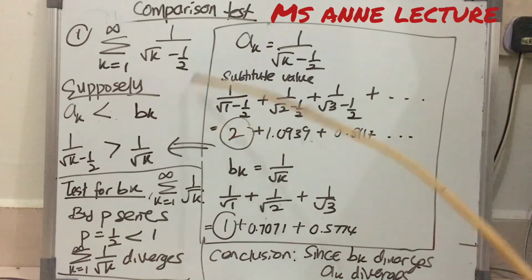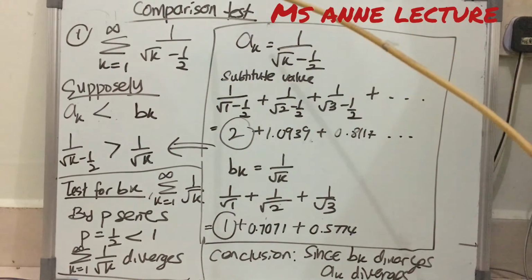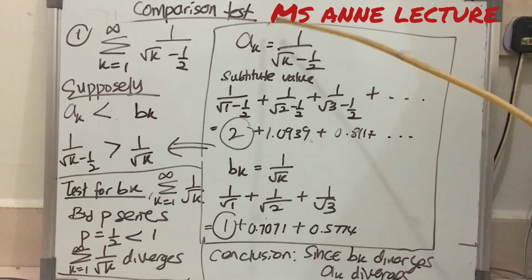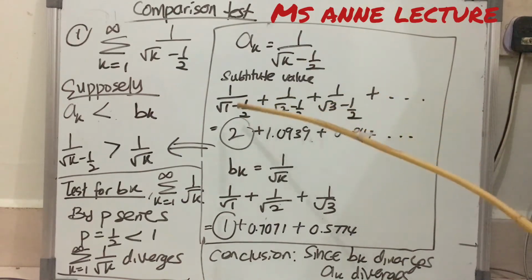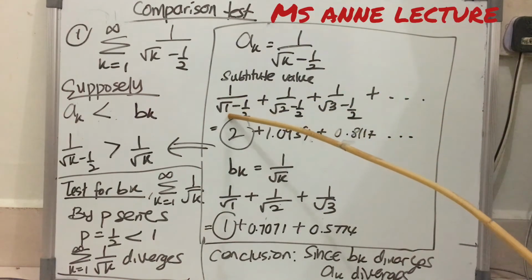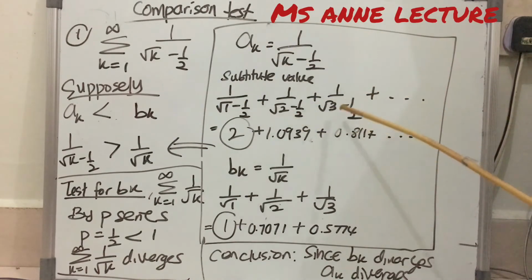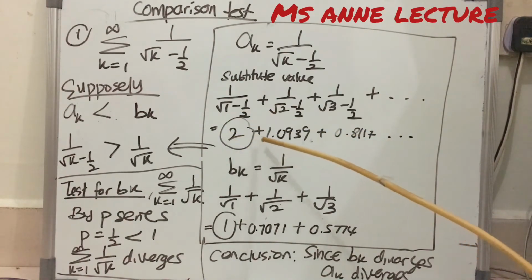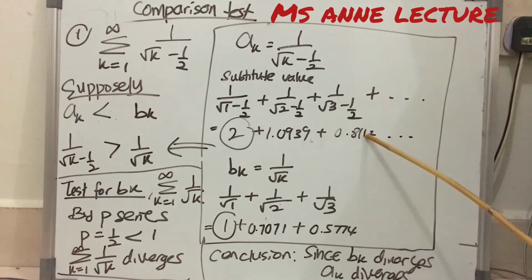To test this, we substitute values, where we already identify a_k as the question, 1 over square root k minus half. We substitute 1, 2, and 3, and we get 2 plus 1.0939 plus 0.8117.